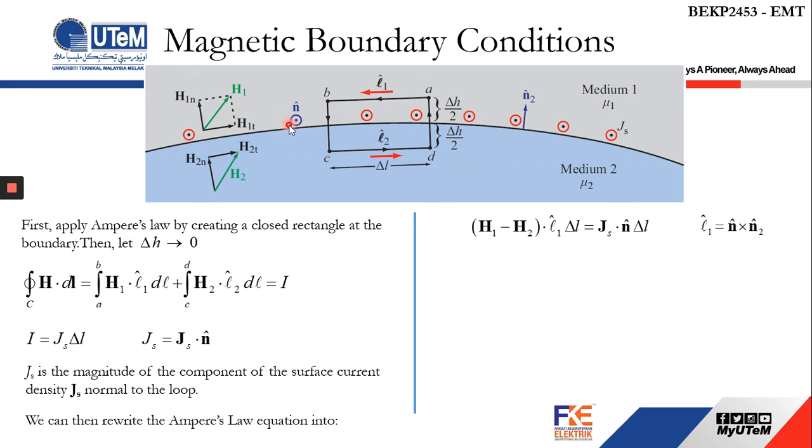So n is going out of the page, and n2 is moving across the boundary, so we get L1 here. Okay, in this case, going to the left.